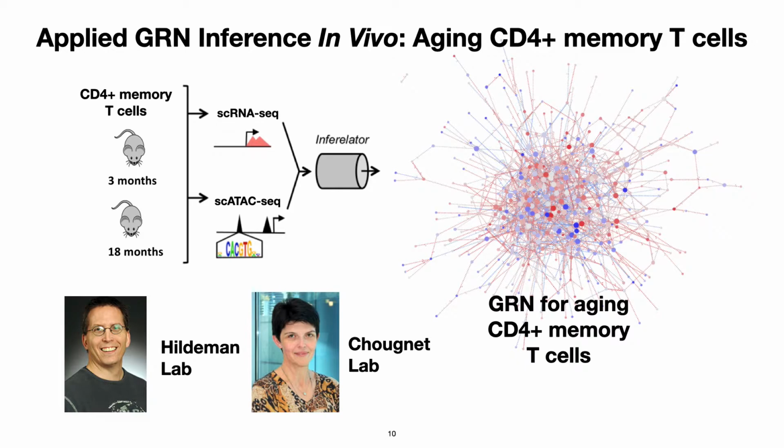We've applied this method of GRN inference to identify important regulators in an age-associated immunosuppressive population of CD4 memory T cells, recently studied by our collaborators.